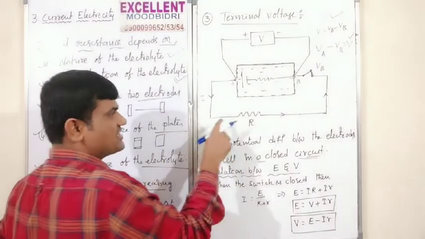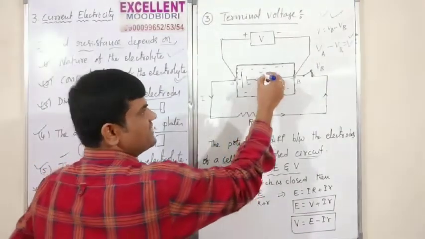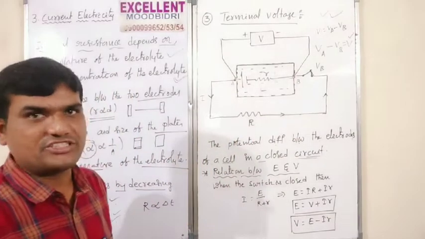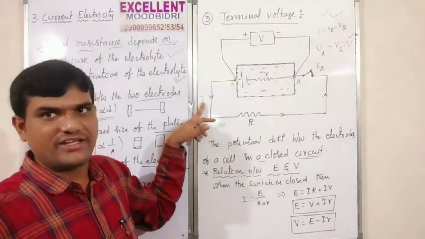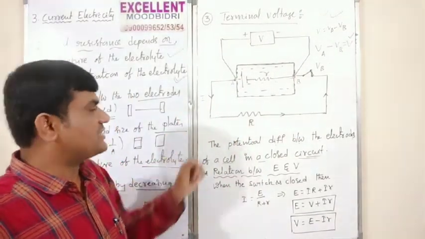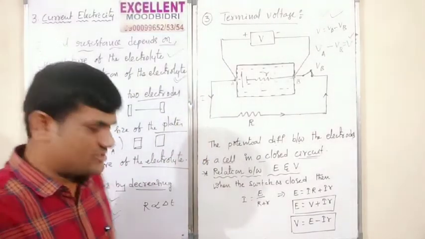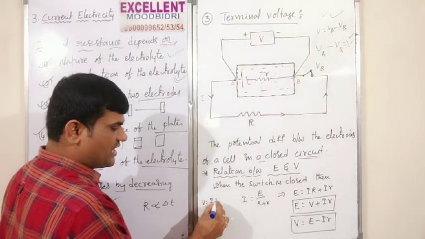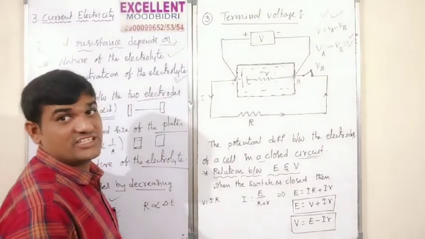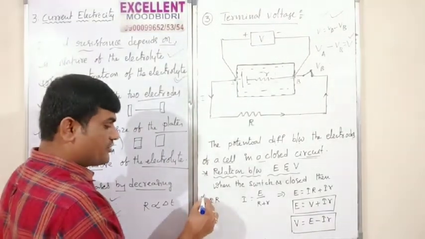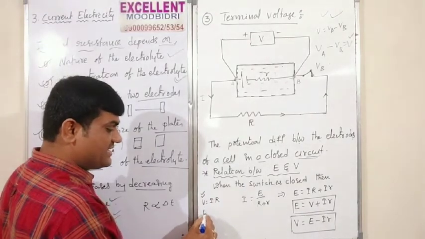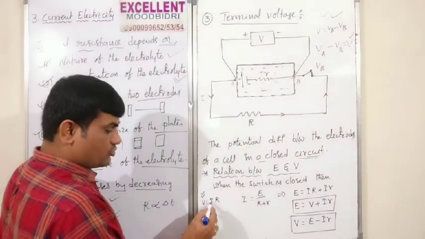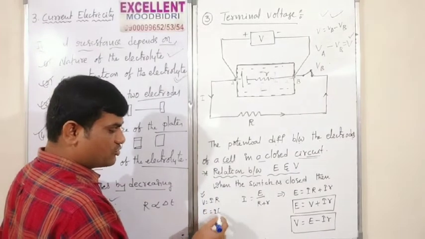So now the resistors, first resistor and second resistor. These two resistors, which combination? Series combination. The flow of current is I. Then the total current is equal to how much? The general formula: V is equal to I R. Now here V we will consider as EMF, E, is equal to I into total resistance.